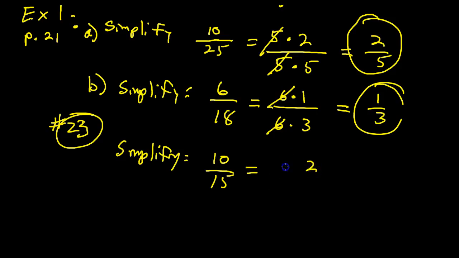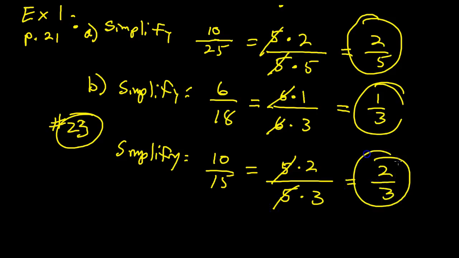I'm having trouble drawing the 5s today, forgive me. So 10 is 5 times 2. Downstairs, 15 is 5 times 3. Canceling out the common 5s, I'm left with a final answer of 2/3.